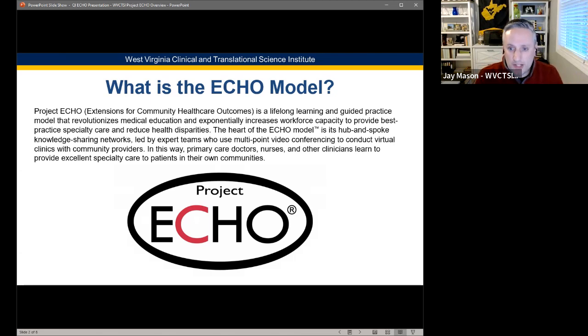It's your group of specialists on one end called the hub. So it can be an area of addiction, or in this case, QI. And then the spokes are typically primary care sites, and it can be docs, nurses, administrators, anybody that touches care. Those are the spoke sites. Those are the learners. They're the ones who are getting trained and mentored in a specific topic. So they call it a hub and spoke model.